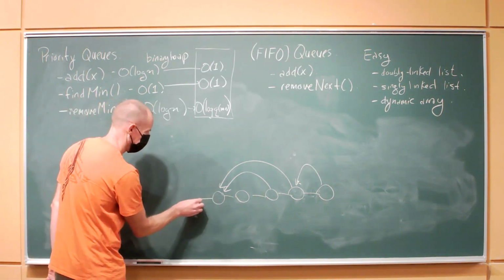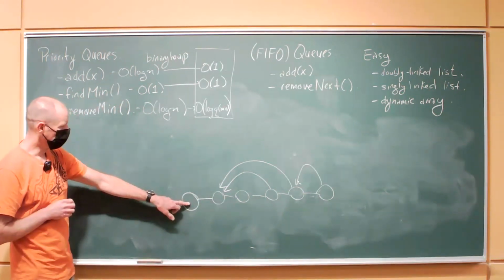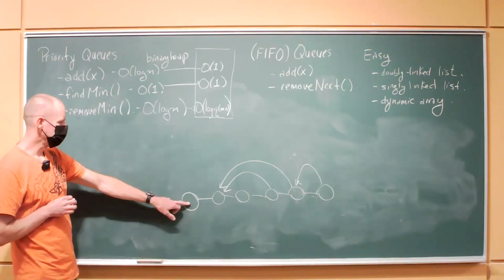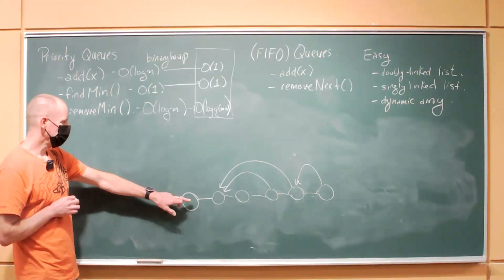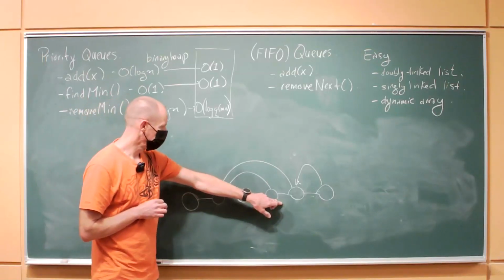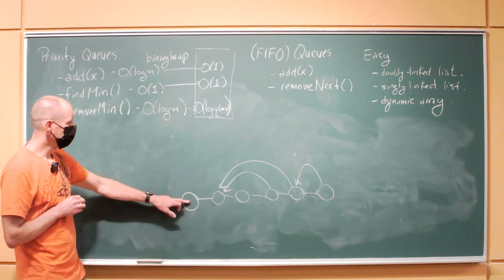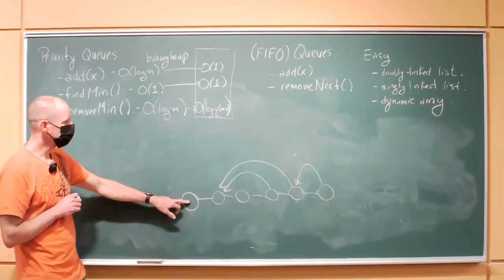I forget. So when you add something new, what happens to these pointers is this could be smaller than a bunch of stuff here. So that would involve updating a whole bunch of things to point to this.